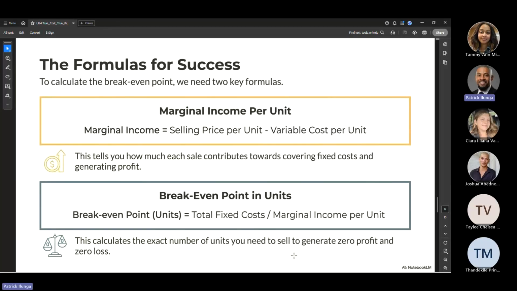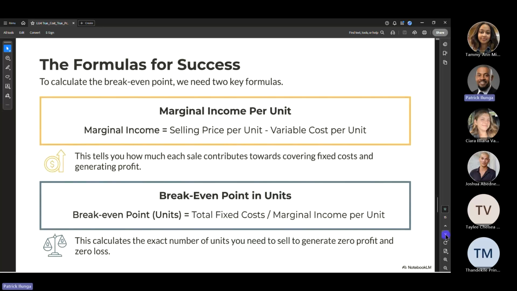Because this is going to calculate the number of units you need to sell to generate zero profit, but also zero loss. Remember the definition of the break-even point: it is the point where you are not making a profit yet, but you are no longer making a loss. Everything above that point becomes pure profit that is coming into the company.